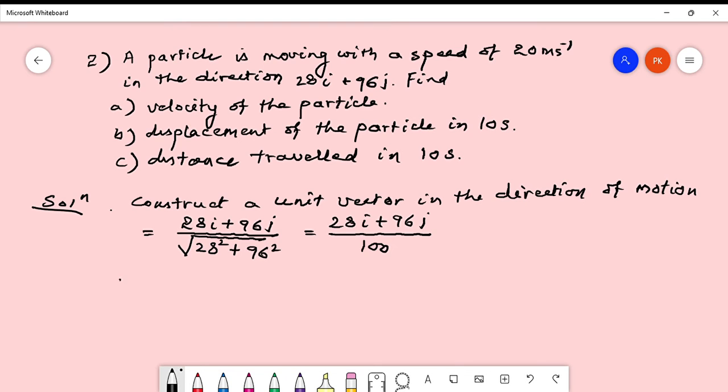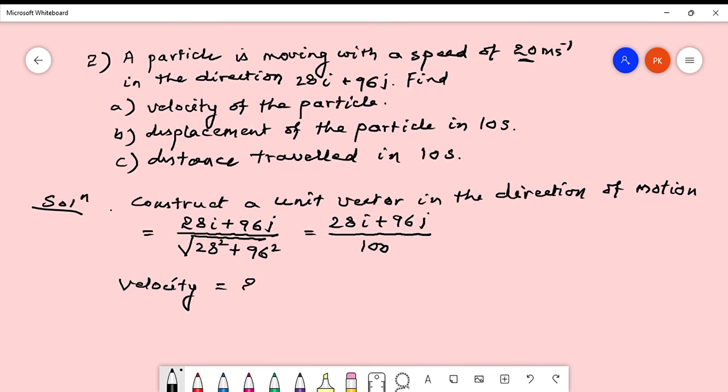So the velocity. We have already seen that if the unit vector is multiplied by any scalar, we get a vector whose magnitude is equal to the scalar. Here the speed is the magnitude of the velocity. So I will multiply the unit vector by the speed to get the velocity.